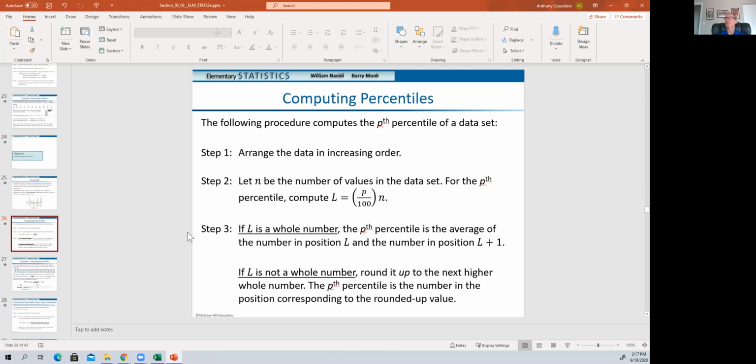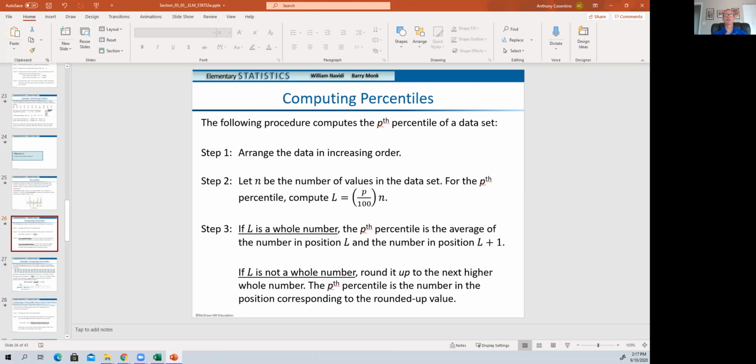And that will give you the percentile average of those two. If it's not a whole number, you round up again. So again, just like the same calculations we did on the quartiles, except we're expanding it now. So instead of putting 0.25 in there, we could put 0.1, 0.99, et cetera, et cetera.